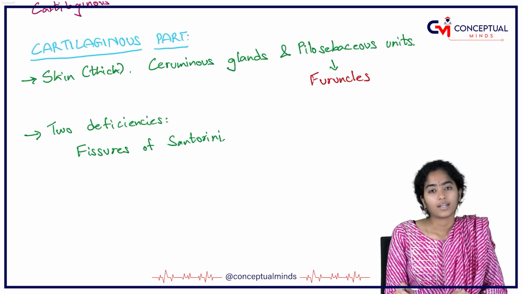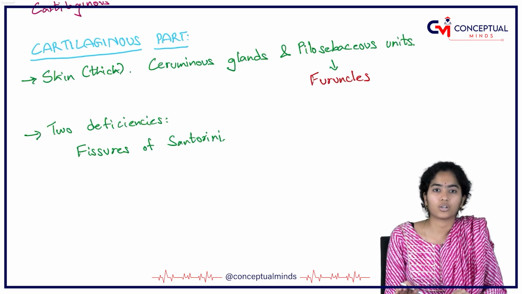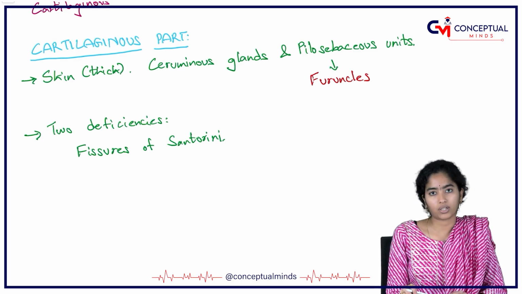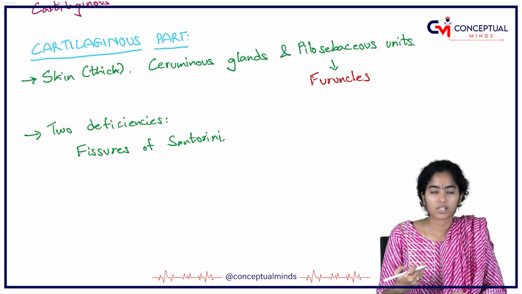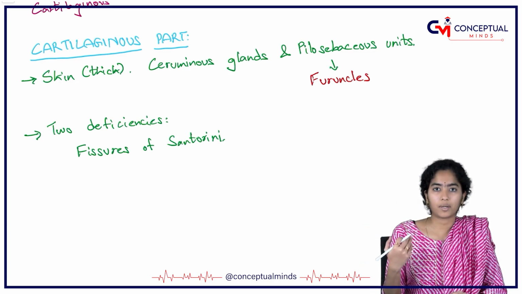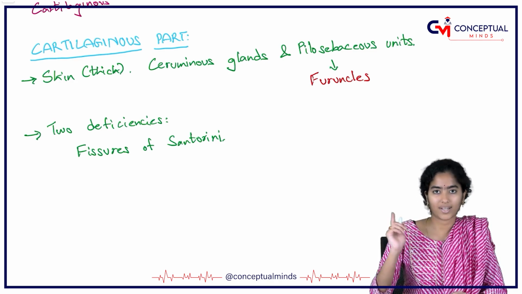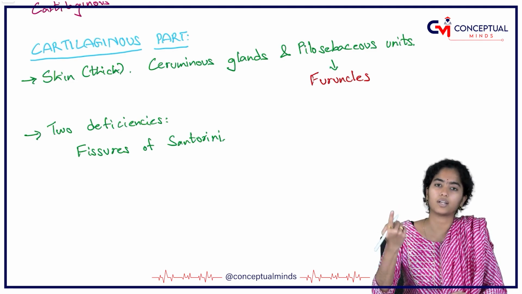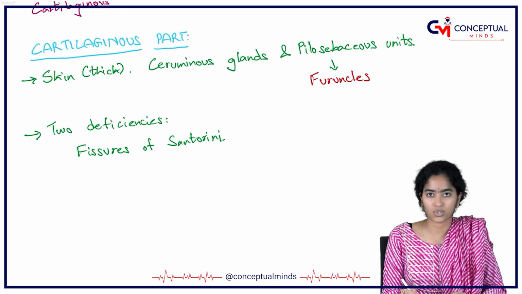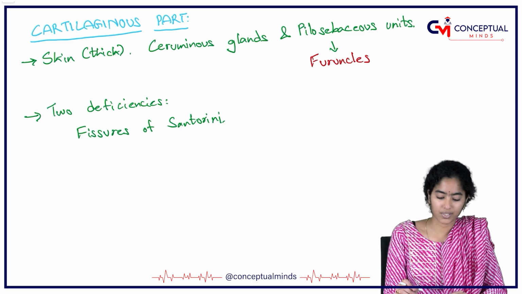Where cartilage is deficient, that area is devoid of cartilage. And why is this important? Because of that deficiency, infections can pass to and from the parotid and mastoid cells into the external auditory canal, vice versa. From parotid, it can come into the external auditory canal, and from the external auditory canal, it can go into parotid. Same with the mastoid antrum. That makes fissures of Santorini important for us.